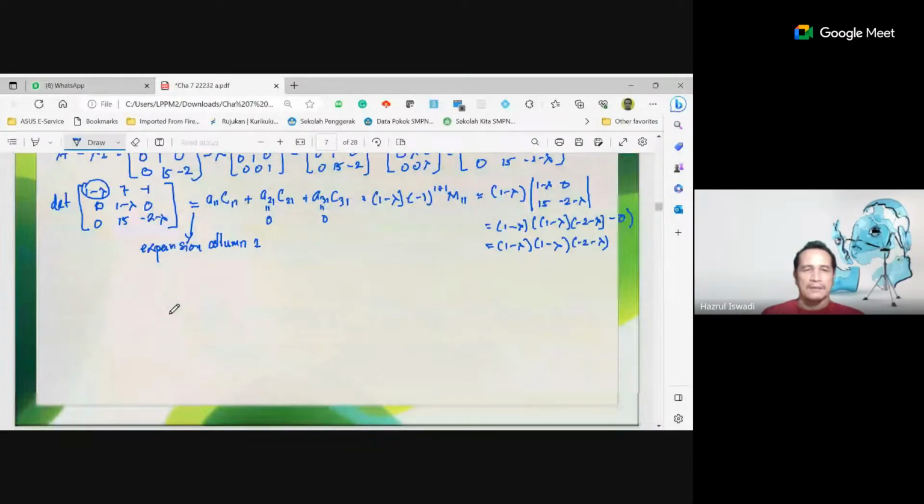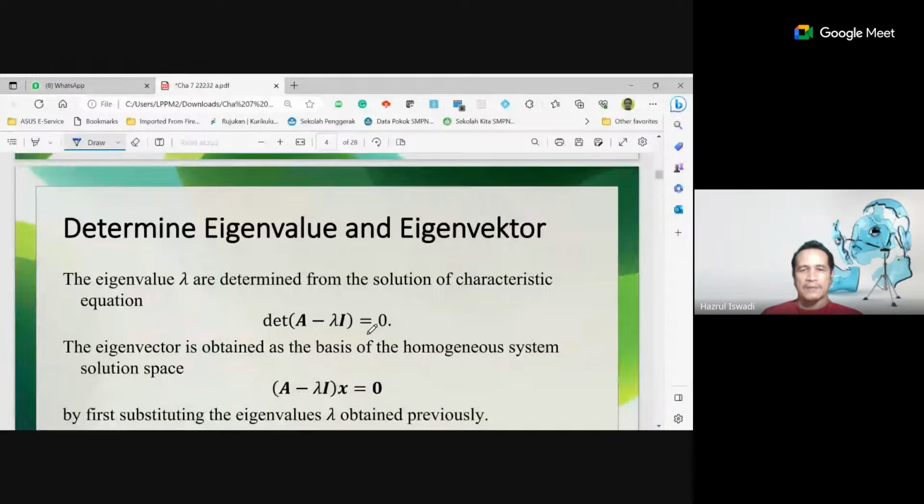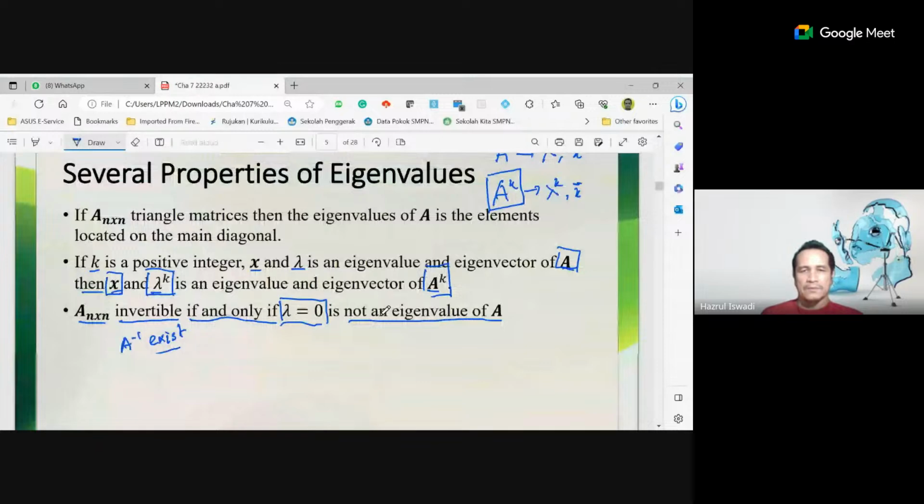So the determinant of A minus lambda I is 1 minus lambda squared times minus 2 minus lambda, and the formula says we must equate it to 0.